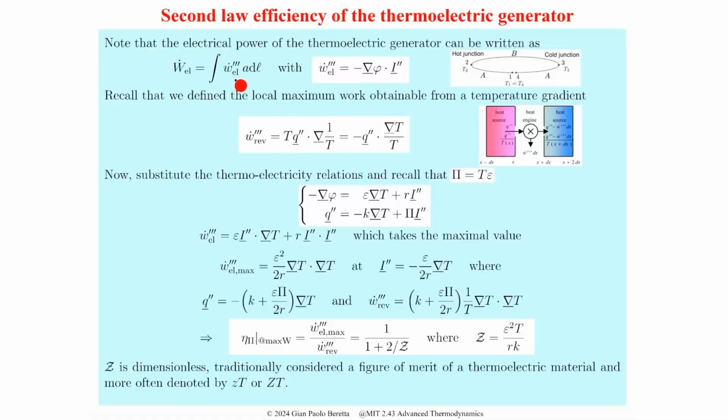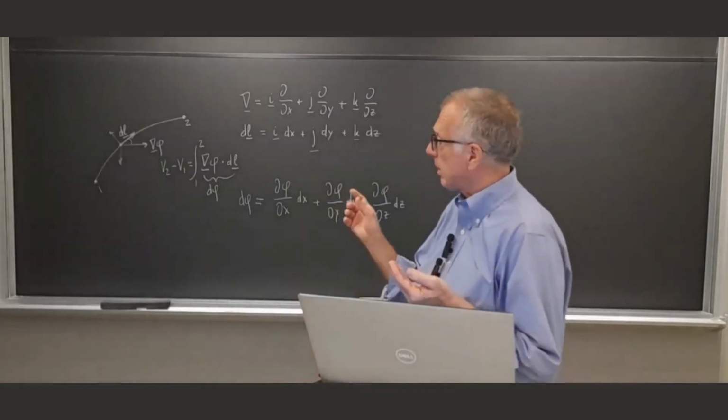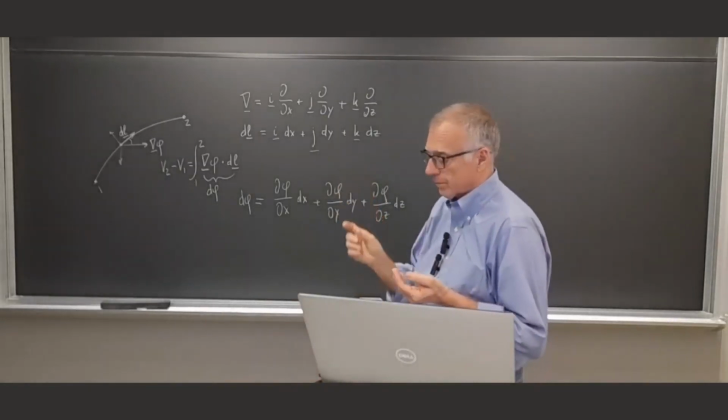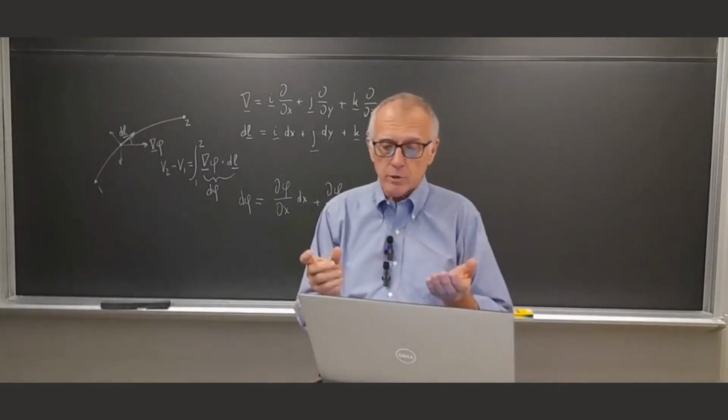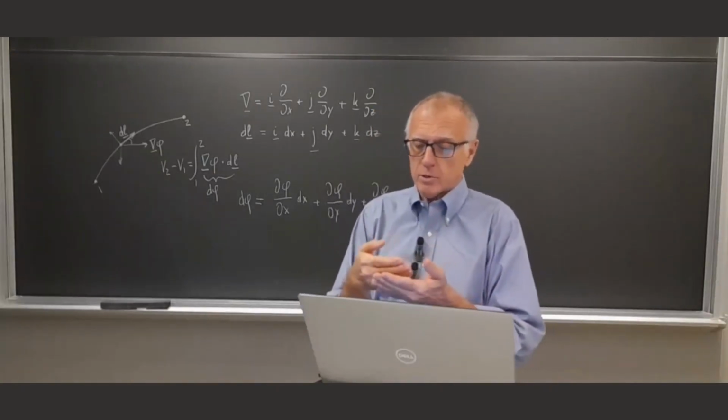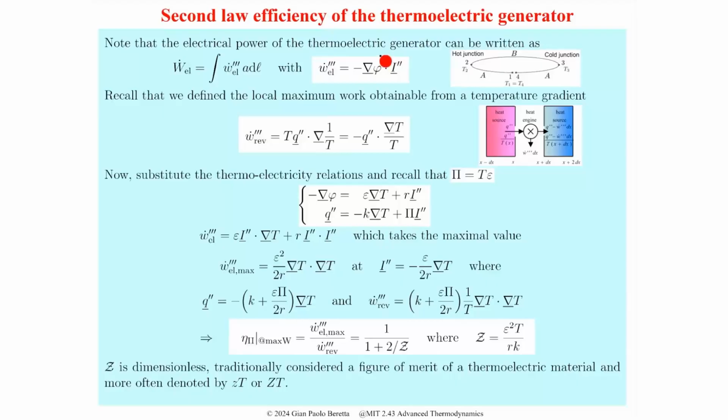If you accept that, then that power density is the product of the electric current and the gradient in the voltage. Voltage times current is power, no? So this is the density, though.